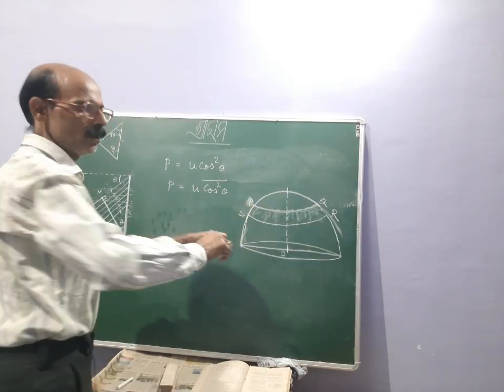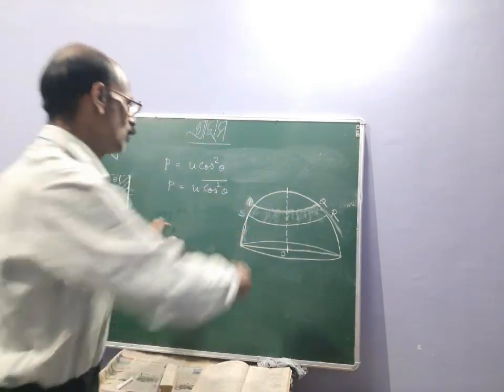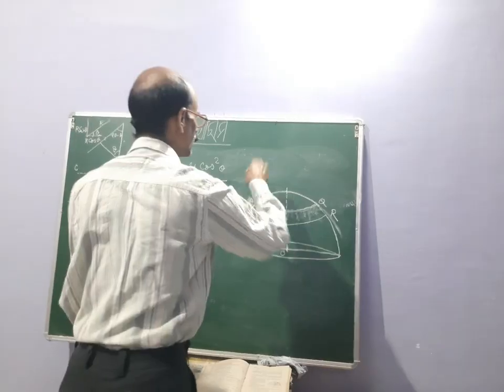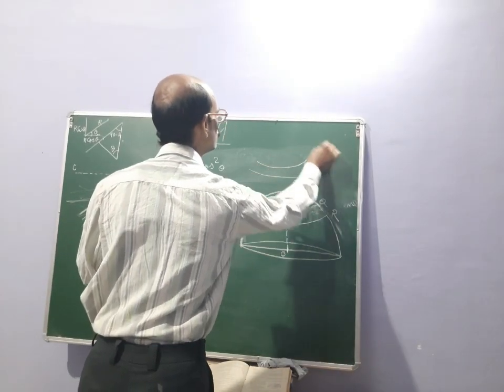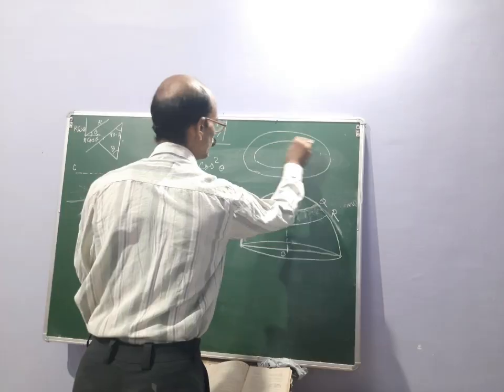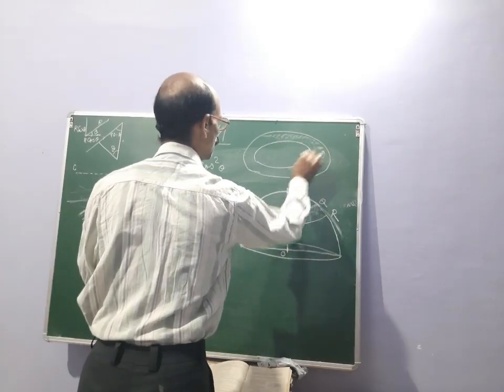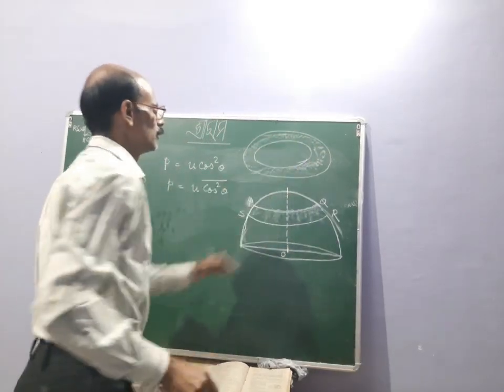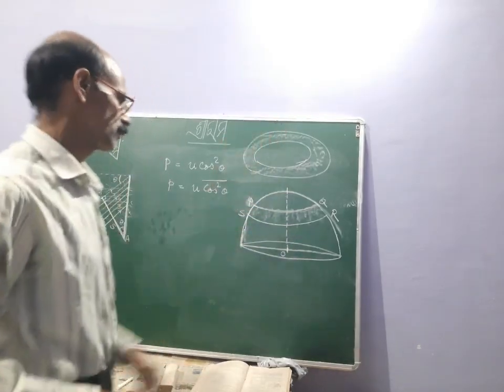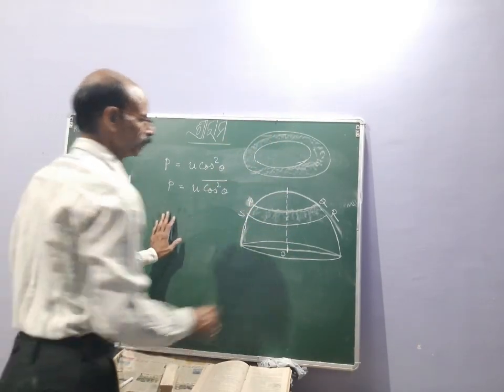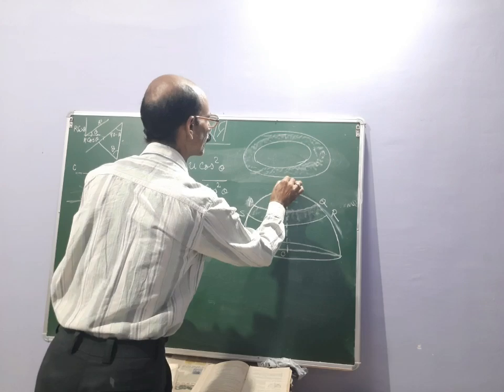Imagine a hemisphere. We have taken this ring on this sphere. That means it is like this. Our front portion is looking, that side is like this. Suppose this is N.